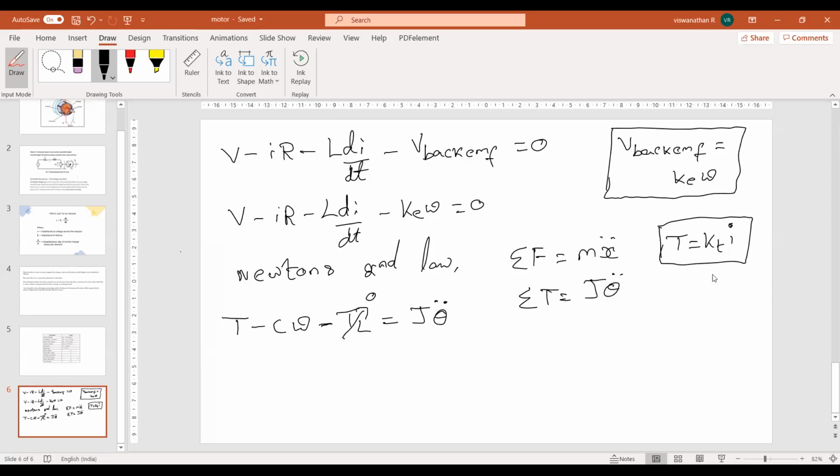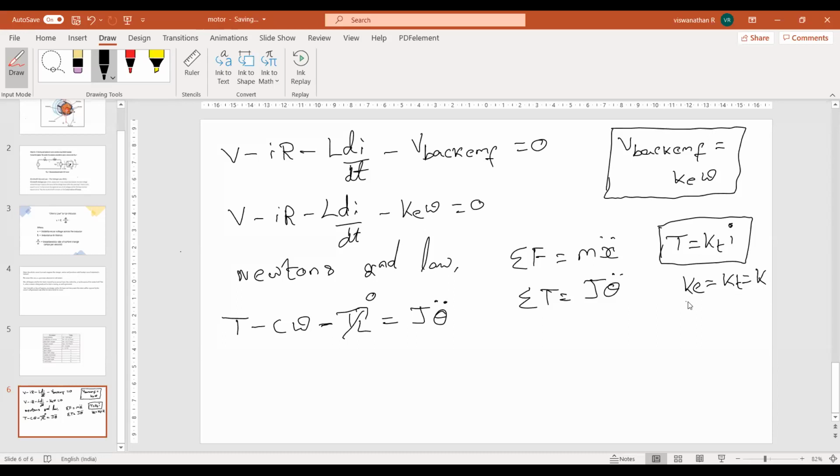What else you need to know is, you need to substitute that over here. Also in SI units, KE will be equal to KT, and that will be equal to K, for example.